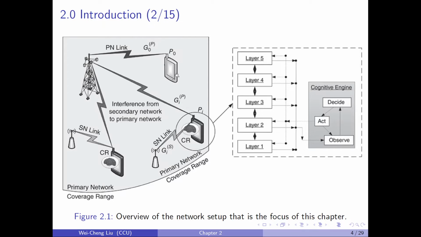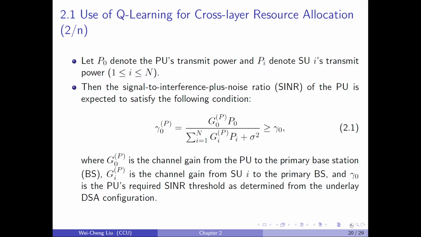Here is the G0P. It is the channel gain from the primary user to the primary base station. Back to page 20.